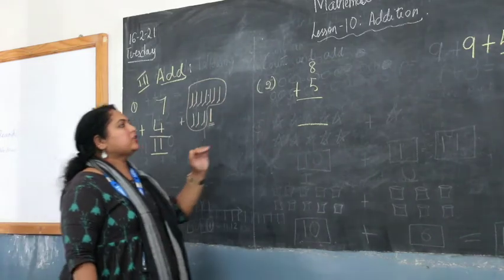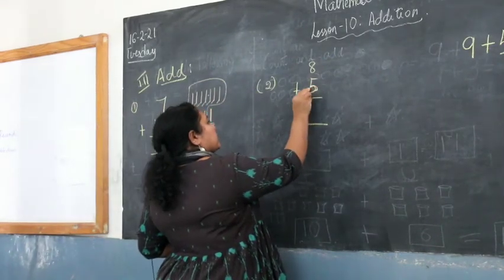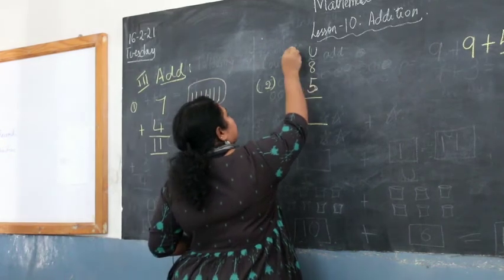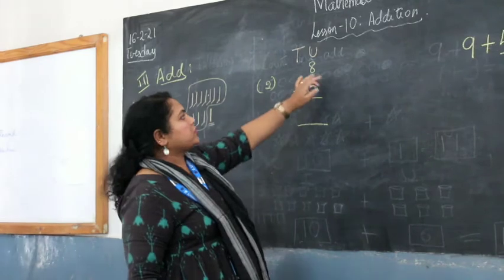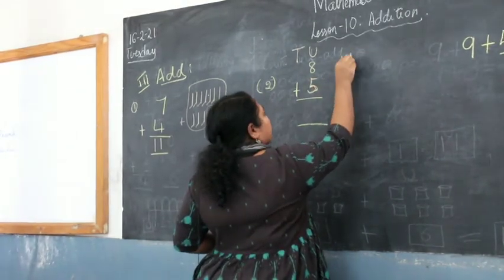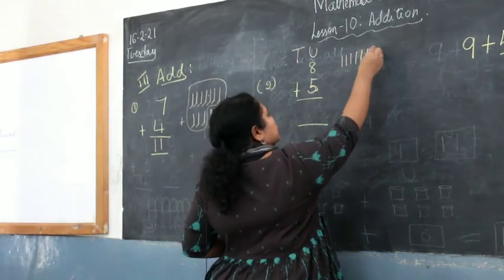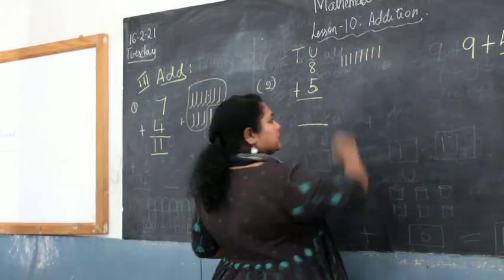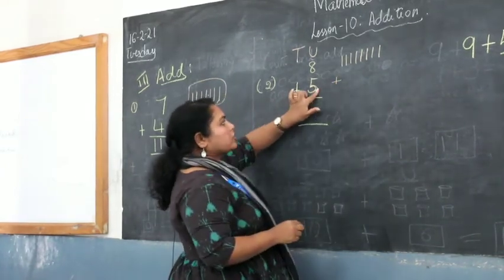Okay, so when we go to the next sum, 8 plus 5. This is your units and here you have your tens. So 8 plus 5. First let's draw 8 sticks. 1, 2, 3, 4, 5, 6, 7, 8. So I have 8 sticks here plus how much? 5.